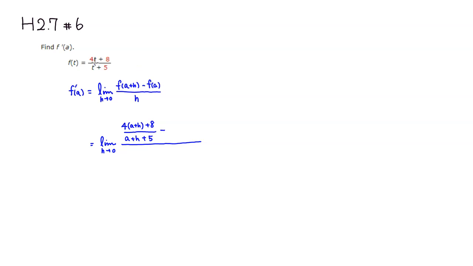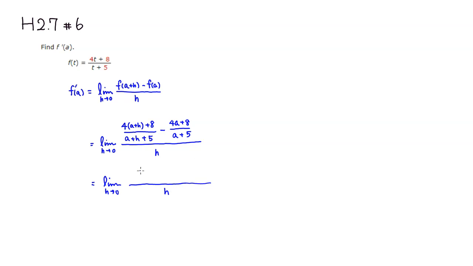f of a is just replacing t by a, so 4a plus 8 over a plus 5, and then all over h. Now we have two fractions upstairs, so we're going to have to find the common denominator so that we can combine them.